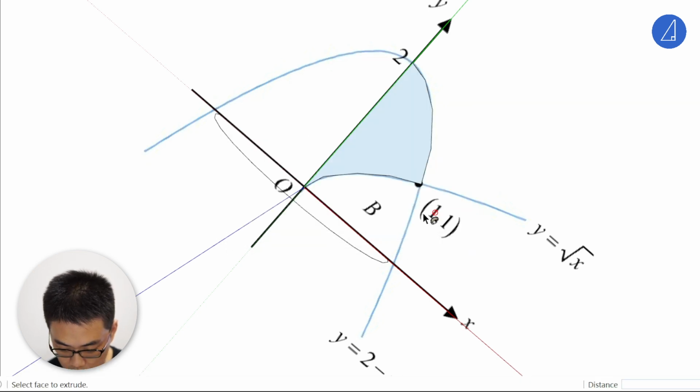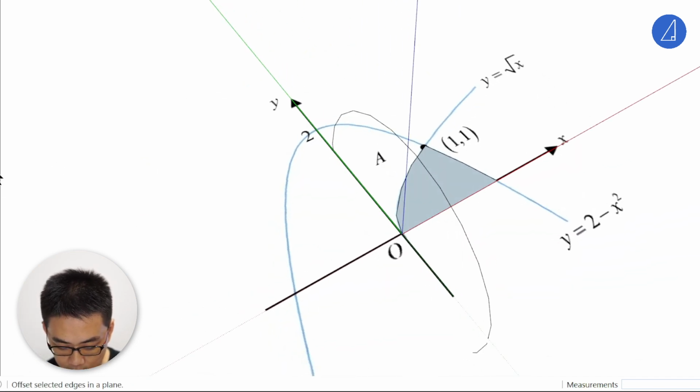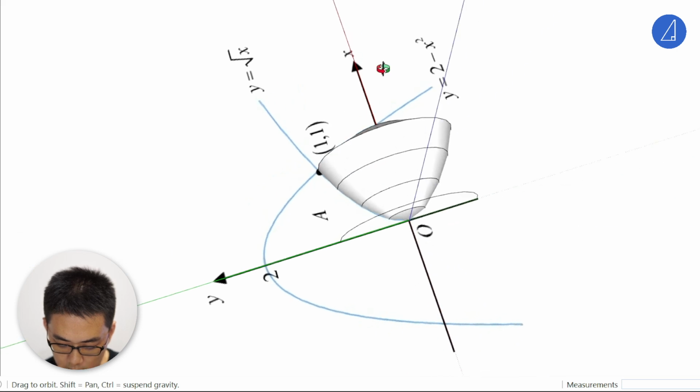Similarly, visualize it as something like that. You just rotate here. You can see that there are two parts. Please know that there are two parts. So when you rotate around the x-axis, there are two here. Okay, yeah, like that.